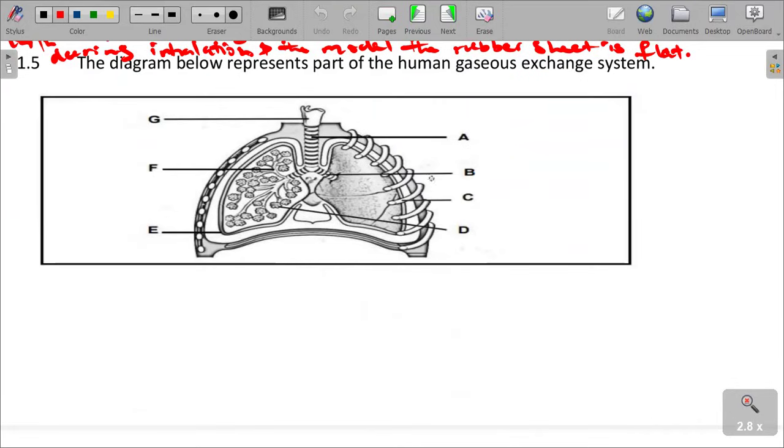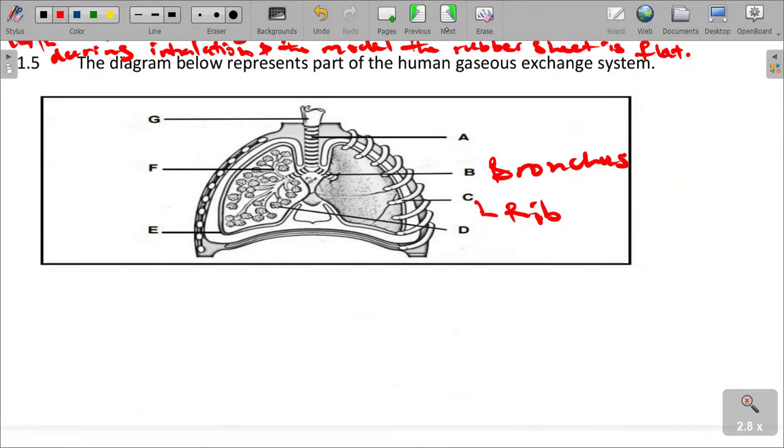B actually shows the bronchus, and C shows the ribs. So B is the bronchus and C is the rib.